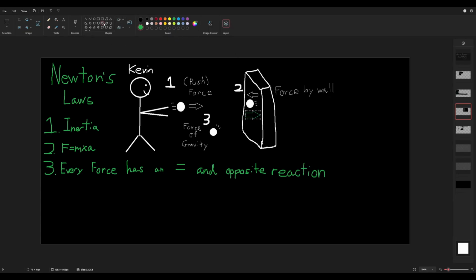Gravity is going to be pulling the ball down after it bounces off the wall. It's not physically touching it, this is just a force that exists as part of the universe. So that force is going to be put on the ball, causing the ball to fall towards the ground after the wall.